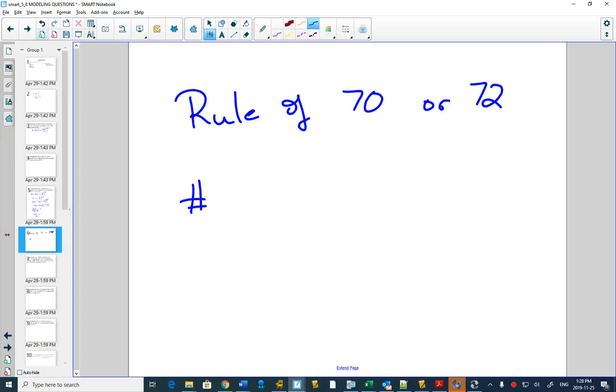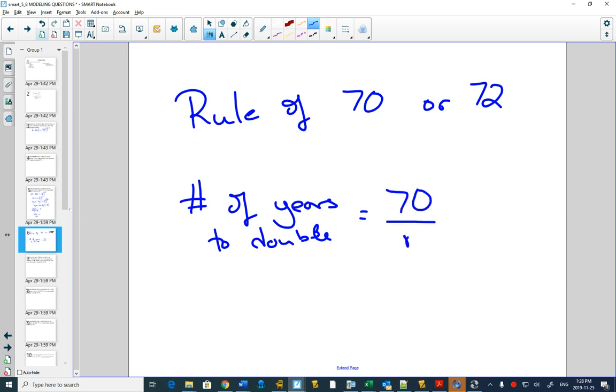It's a way to estimate the number of years to double, which is always equal to, if you use the rule of 70, 70 divided by your interest rate.